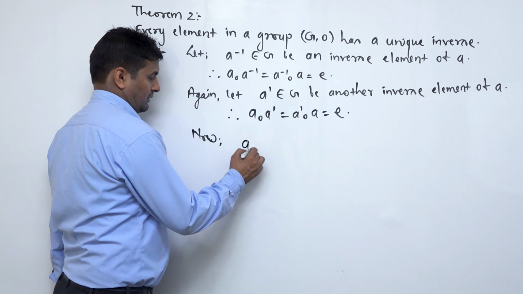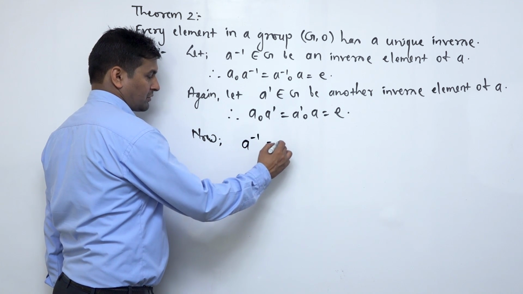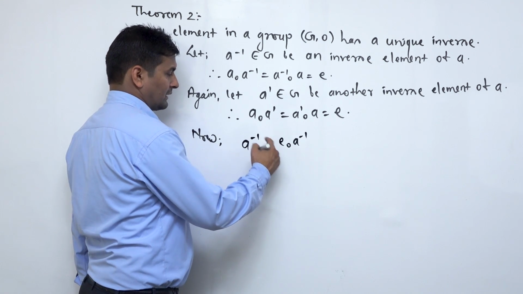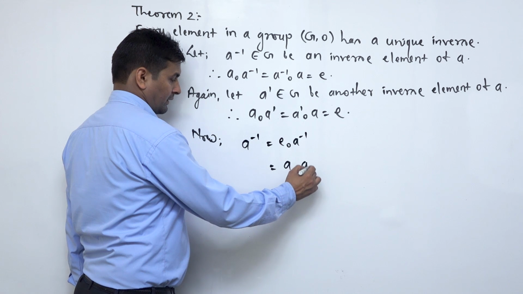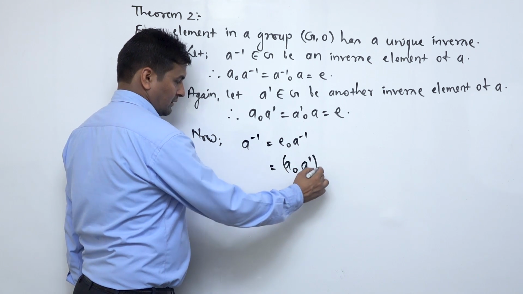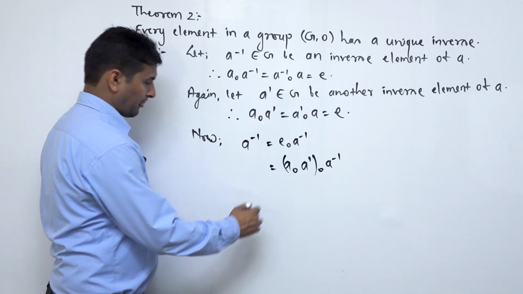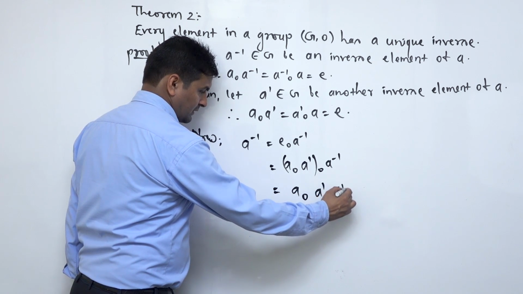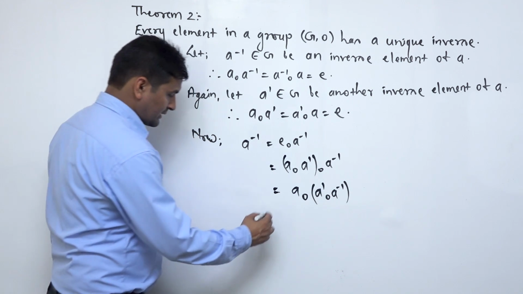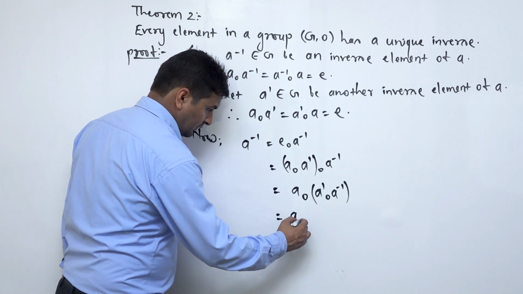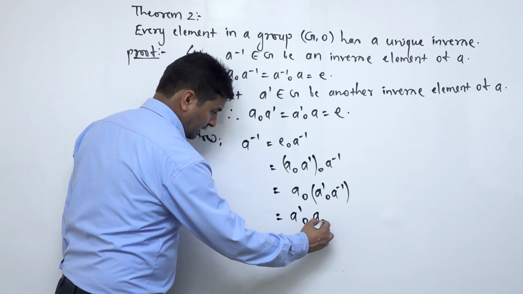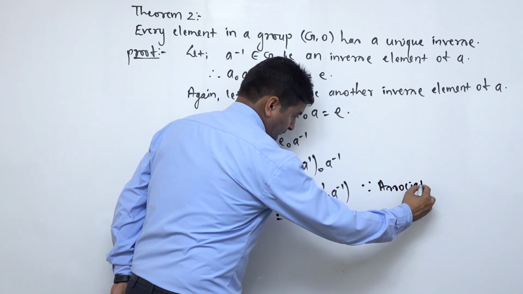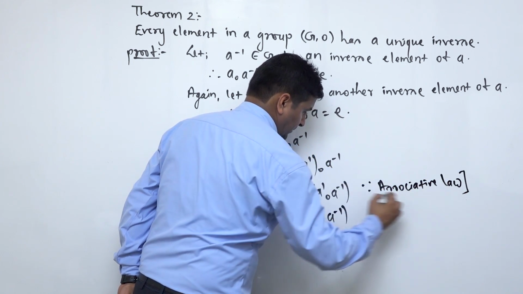Now, A dash or A inverse we can take. A inverse equals to E not A inverse, we can say. And E means A not A dash, so A inverse equals to A dash not A not A inverse. Now we can say here A dash not A not A inverse, using the associative law.